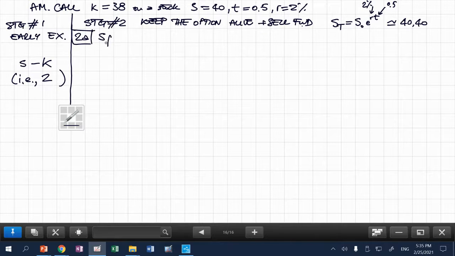The first case is the one in which the final price at maturity is larger or equal than K. Whereas the second case is the case in which the final price is strictly smaller relative to the strike price. Okay?